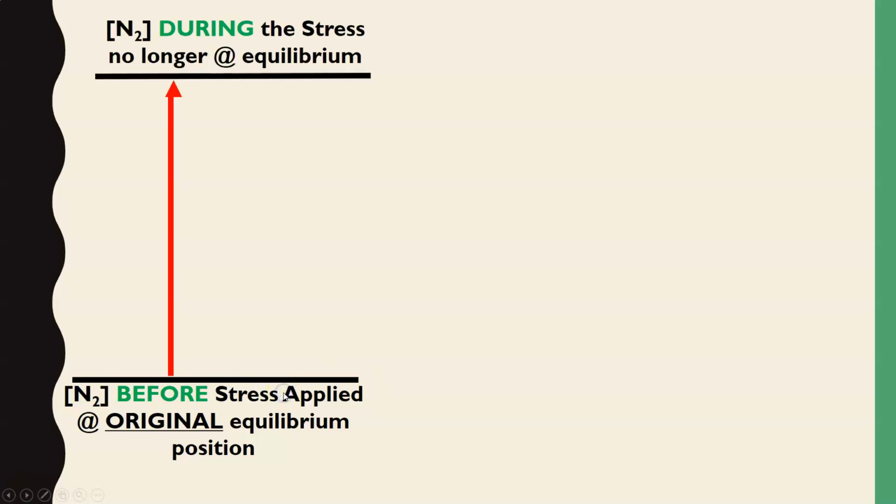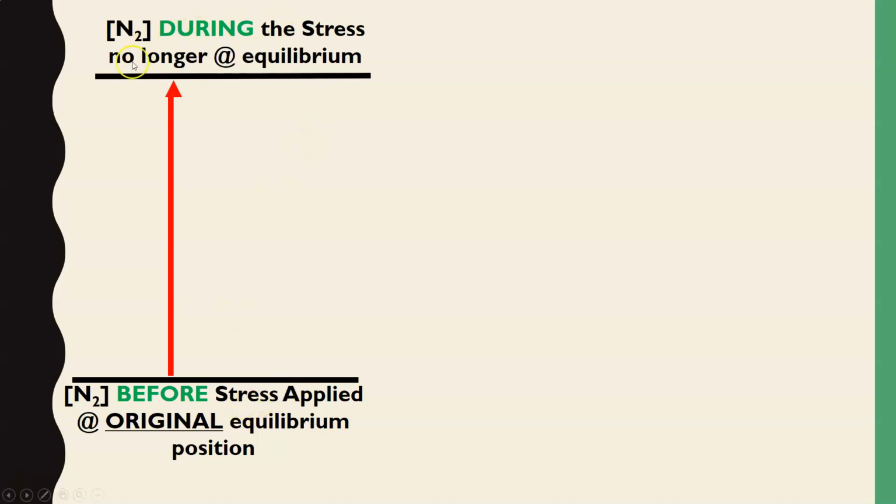So here's the graphic, okay? Let's say that at this point, this is before we do a reaction, before we do a stress. The reaction is at a nice equilibrium position, forward and backward rate are equal, everything's wonderful. And then I come along and I dump in a whole bunch more nitrogen.